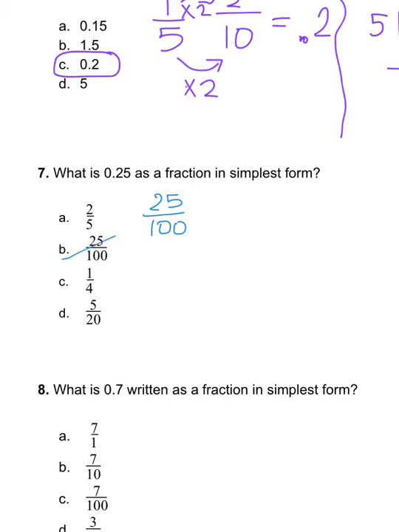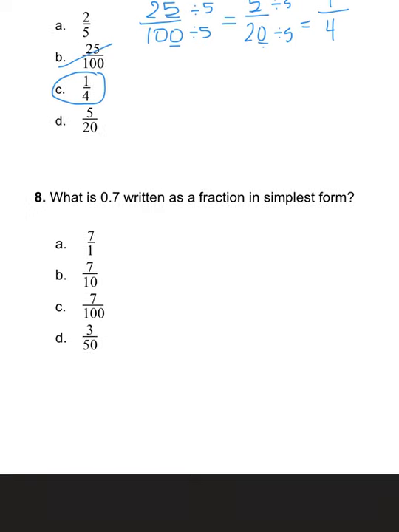They end in a 5 and a 0, so you can at least start by dividing out a 5. 25 divided by 5 gives you 5, and 100 divided by 5 gives you 20. Again, they end in a 5 and a 0, so I can divide out another 5. 5 divided by 5 is 1, and 20 divided by 5 is 4. So my simplest fraction is 1/4.